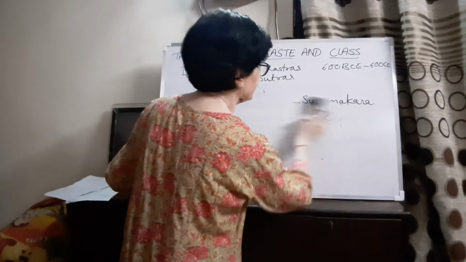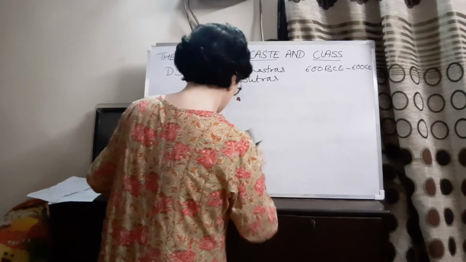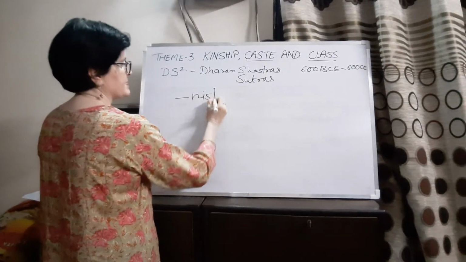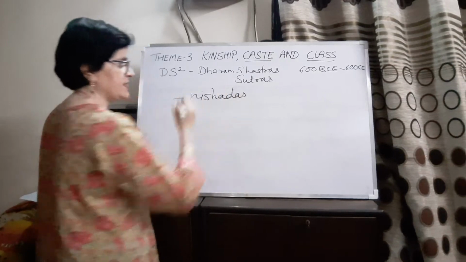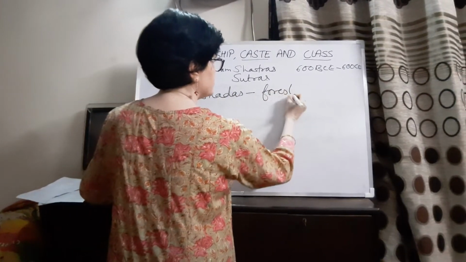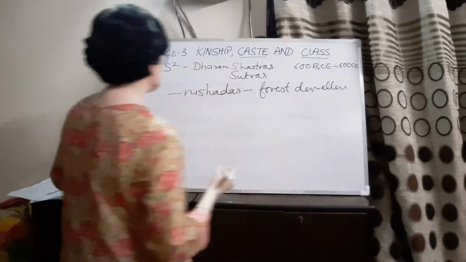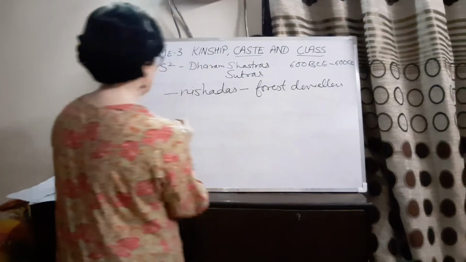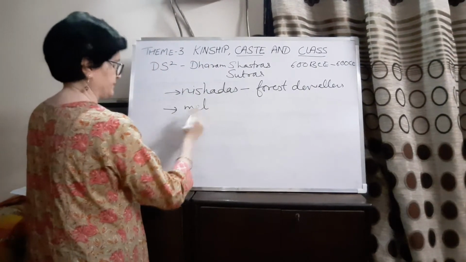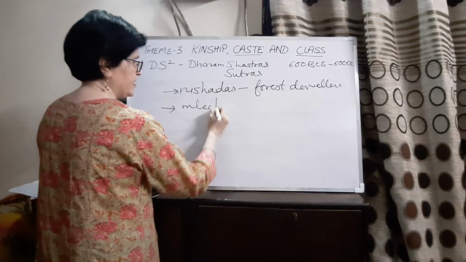Besides jatis and Varna, there were certain other people. Who were they? They were nishadas, and we call them forest dwellers. And there were malechas.